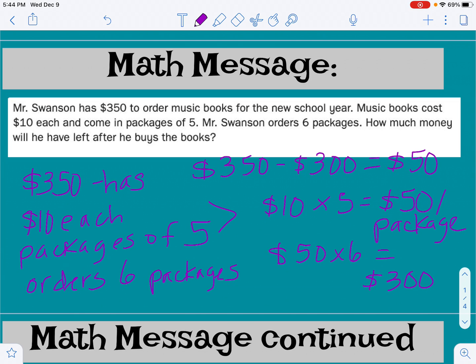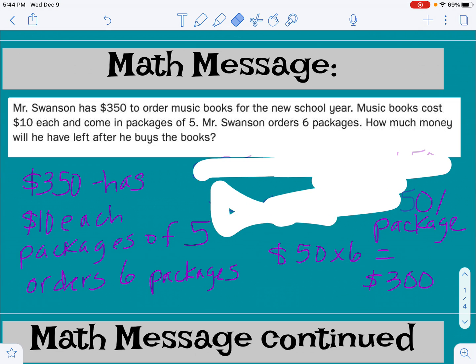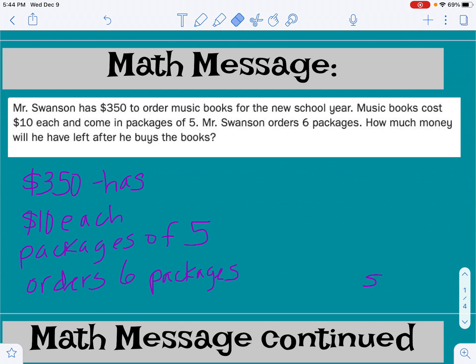Okay. You might be thinking to yourself, Mr. Shrink, I wouldn't have done it that way. Still keeping the same information, you might have started out by saying 6 packages with 5 in each package. You would have 6 times 5 equals 30 books, and then taken the 30 times $10, since each one is $10 each, and gotten $300.